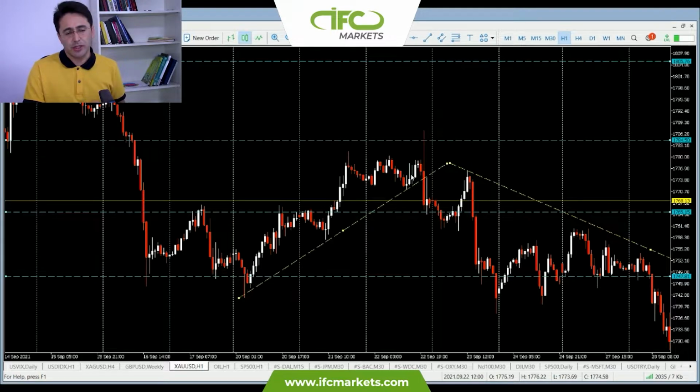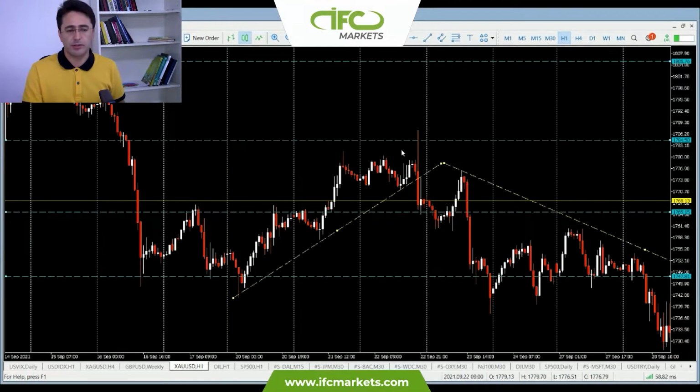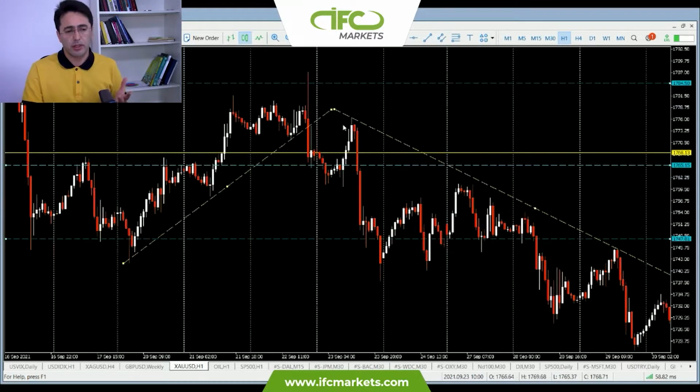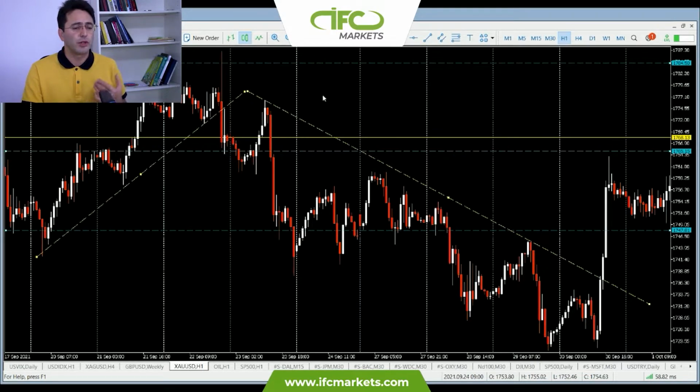In a correction, can the price move more than 1784, which is the resistance level currently and was a support before? No, it cannot breach above that. So again it returns from here. When it returns from here, it means we can count on a deeper, lower move, so the downtrend can continue.